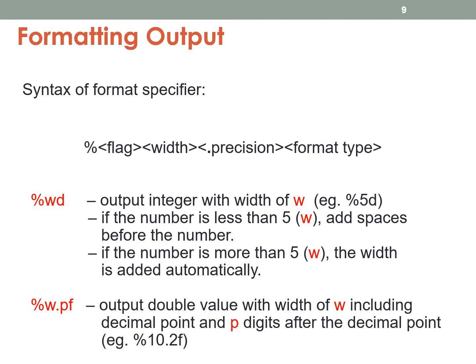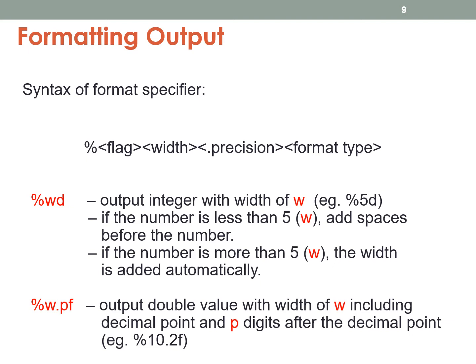An example of this is %5d. If the number is less than 5 digits, spaces will be added before the number. If the number is more than 5 digits, the width is added automatically. For example, the number 1. If we do %5d, the output will be 4 spaces, then 1, because we said that the width should be 5.